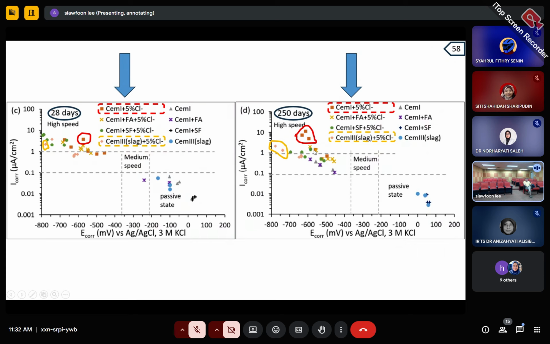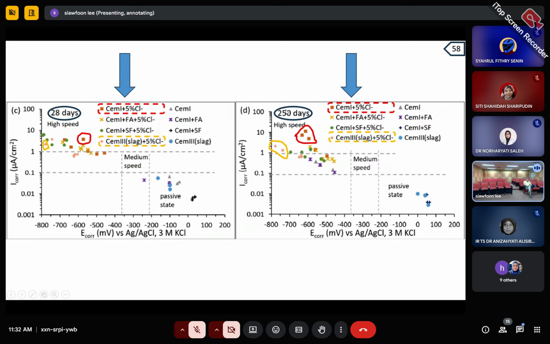It doesn't change, which means the slag actually plays an important role in preventing corrosion. Of course, if you look at the cement 3 slag without the chloride concentration, you can see they have a very low corrosion potential, and also very low negative corrosion potential as well.